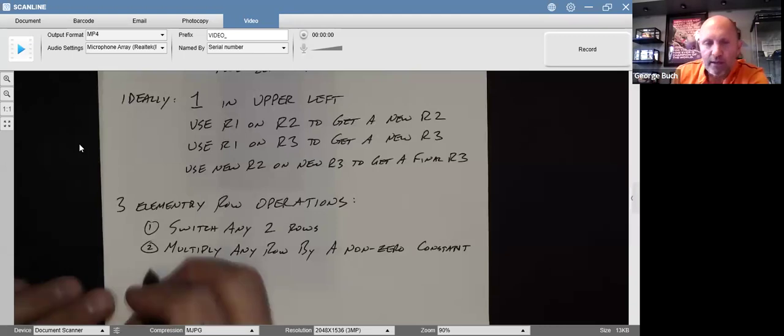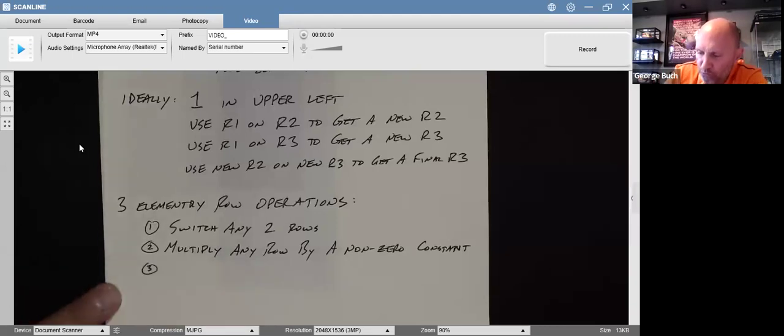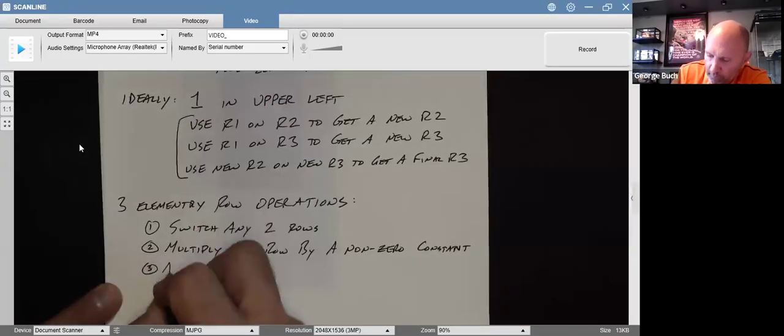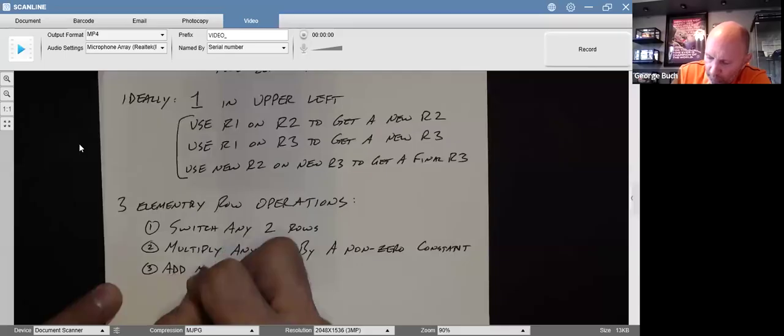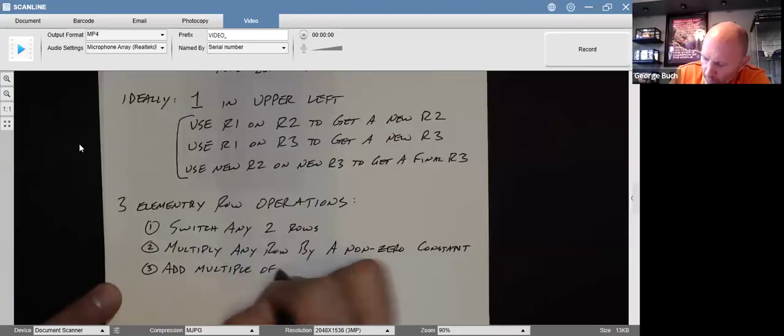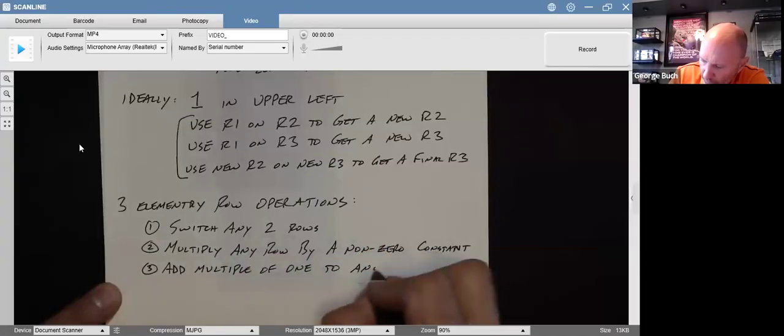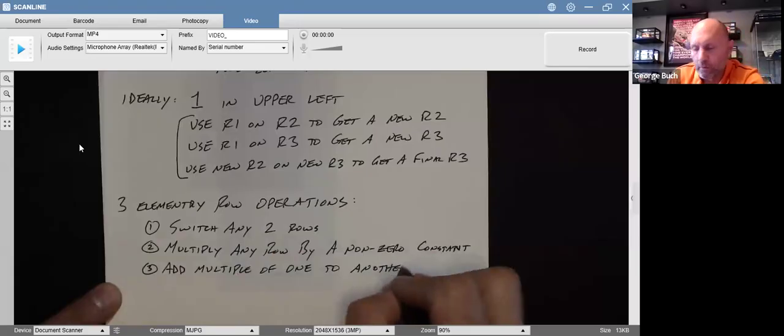And then lastly, and this is where all of this comes in, use row 1 on row 2, is I can add a multiple of one row to another.